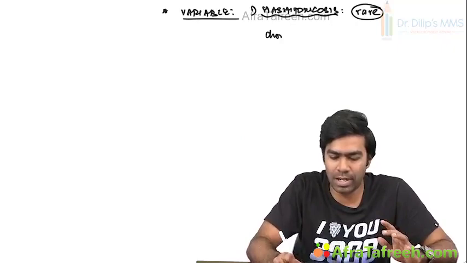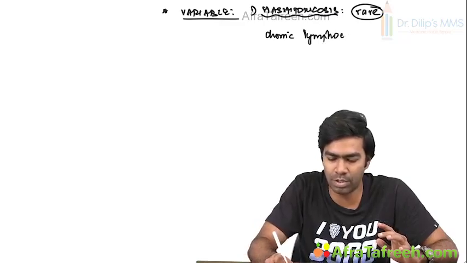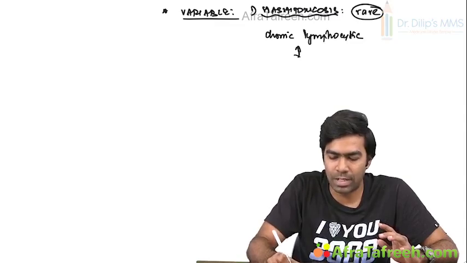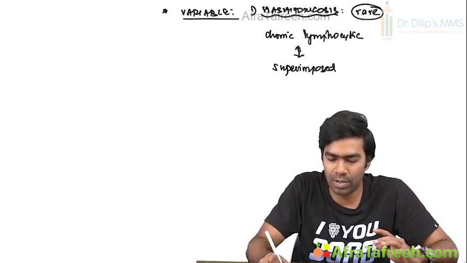I'll tell you the course first. Sometimes the patient will have a chronic lymphocytic inflammation in Hashimoto's thyroiditis, but this chronic inflammation might be superimposed by a sudden, acute inflammation.